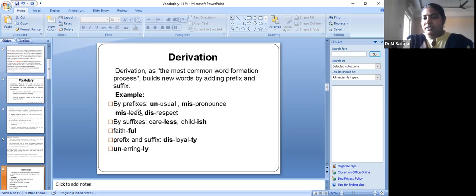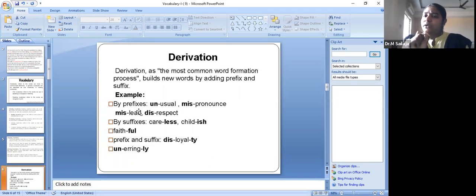See the example, very easily you will understand. For example, the common word is usual. Usual means something we do regularly, repeated or regular. In front of usual, if we use a combination of two letters, un, here un is a prefix.